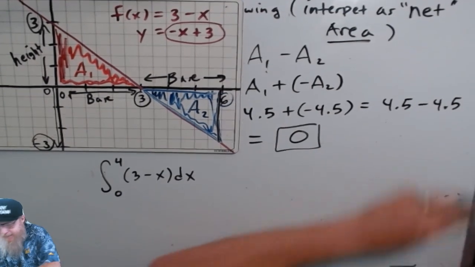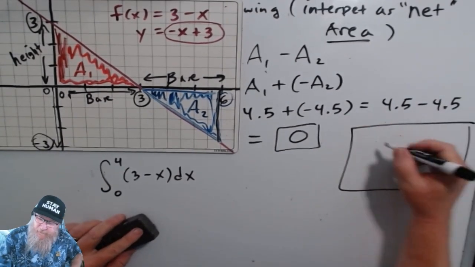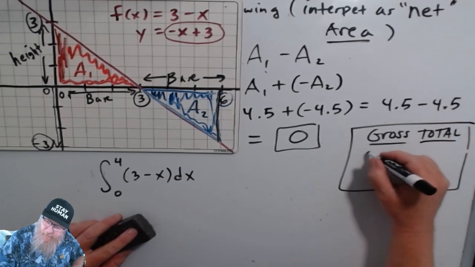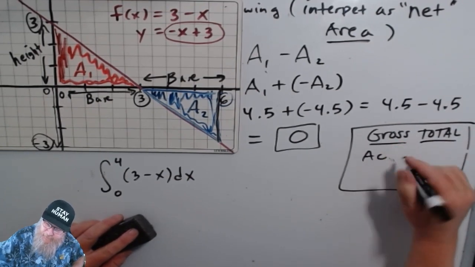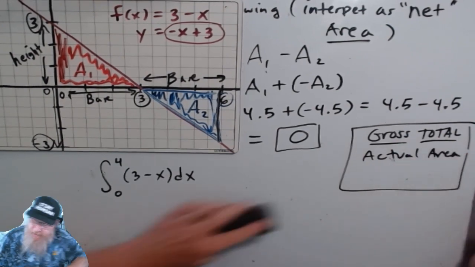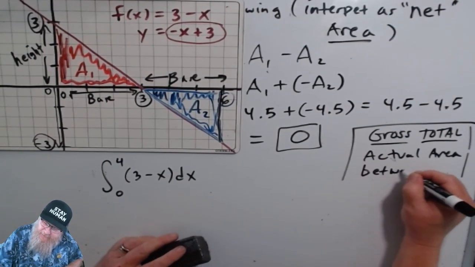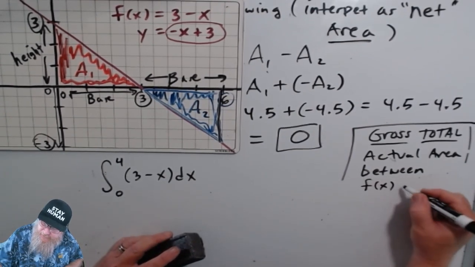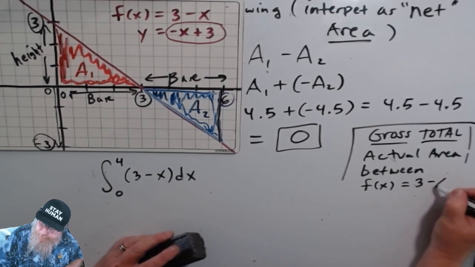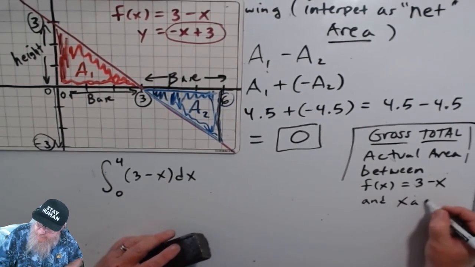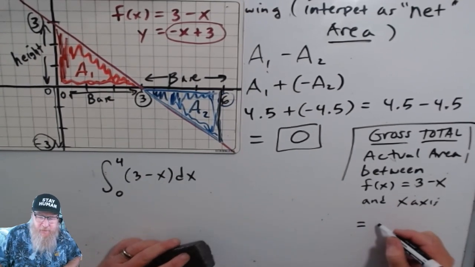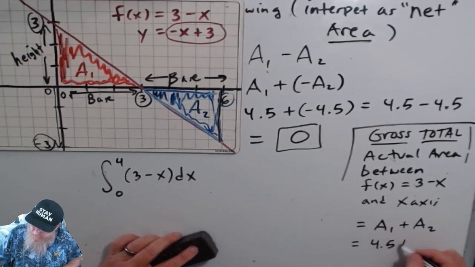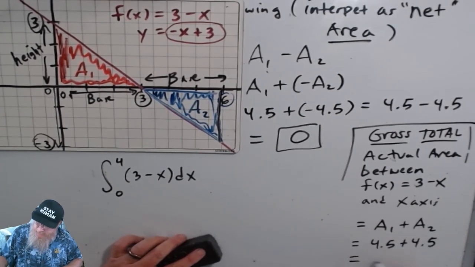Now, keep in mind, the gross or the total or the actual area between the curve f of x and the x-axis is equal to A1 plus A2, which would be 4.5 plus 4.5, which would be 9.